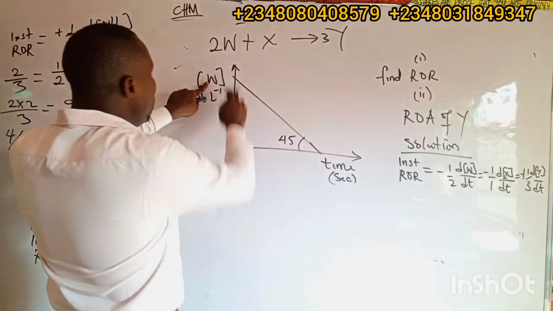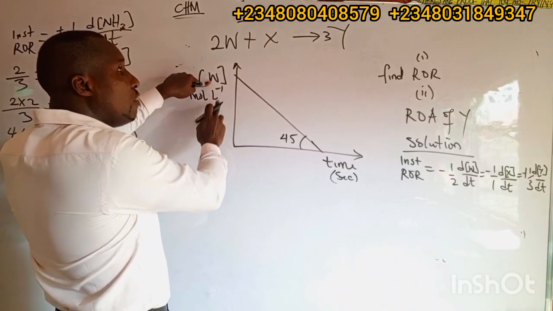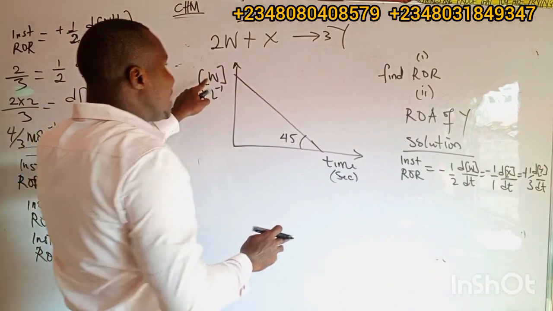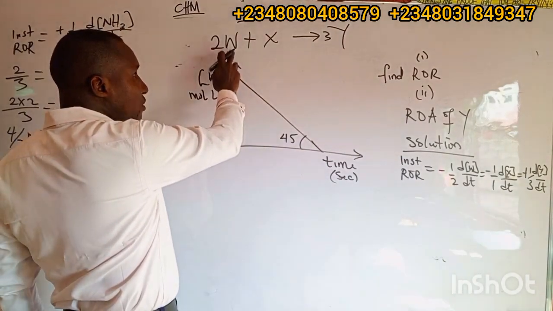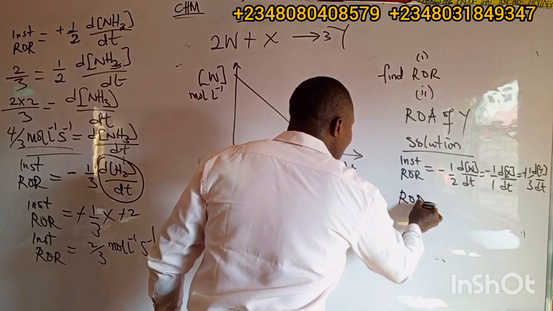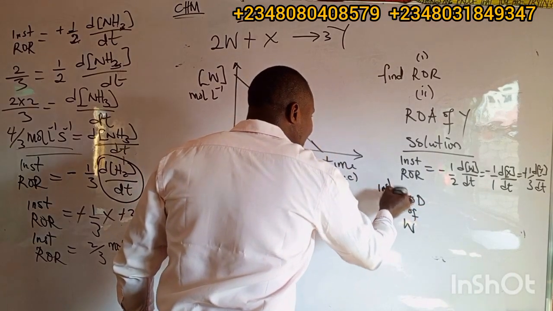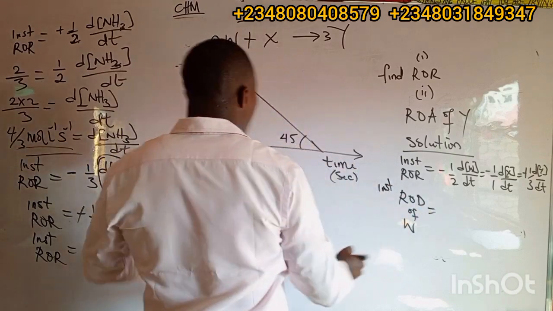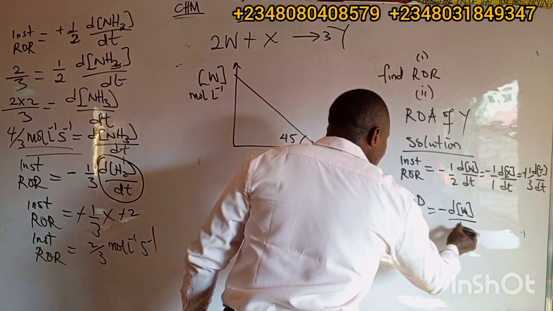W is a reactant. That means this is the instantaneous rate of disappearance, the rate of disappearance of W. So the instantaneous rate of disappearance for W will be equal to -dW/dt.